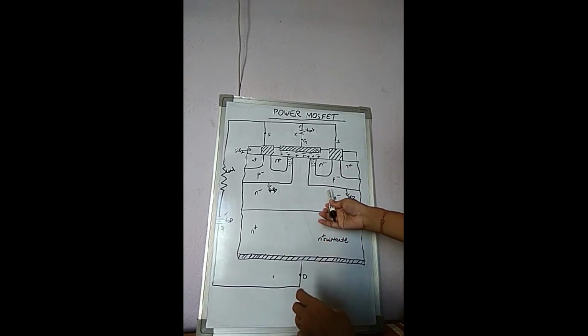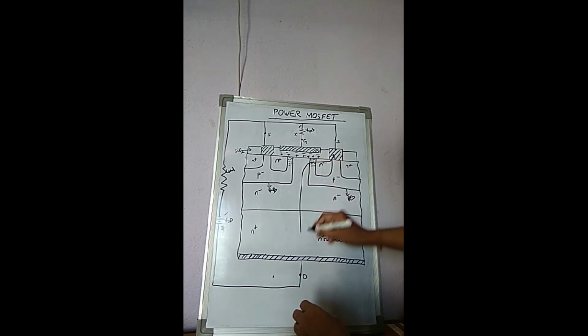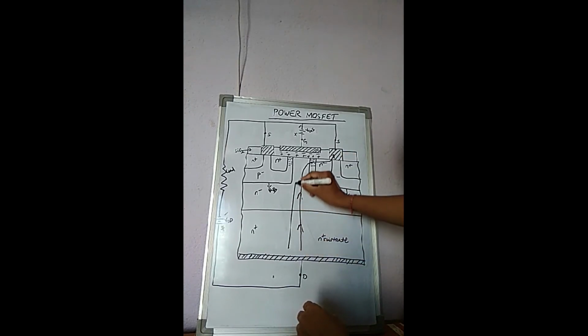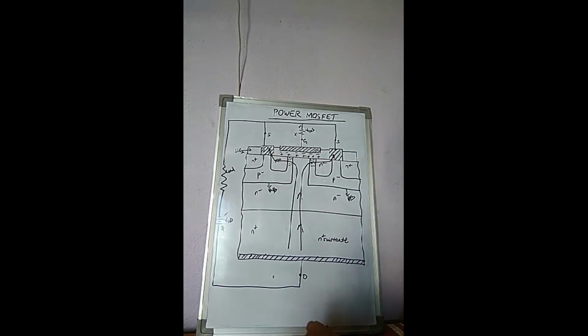This was the reverse biased junction, but now that the N channel forms, there is a path for the flow of current from drain to source. Here also current can flow like this. This is the direction of flow of drain current ID. Clear?